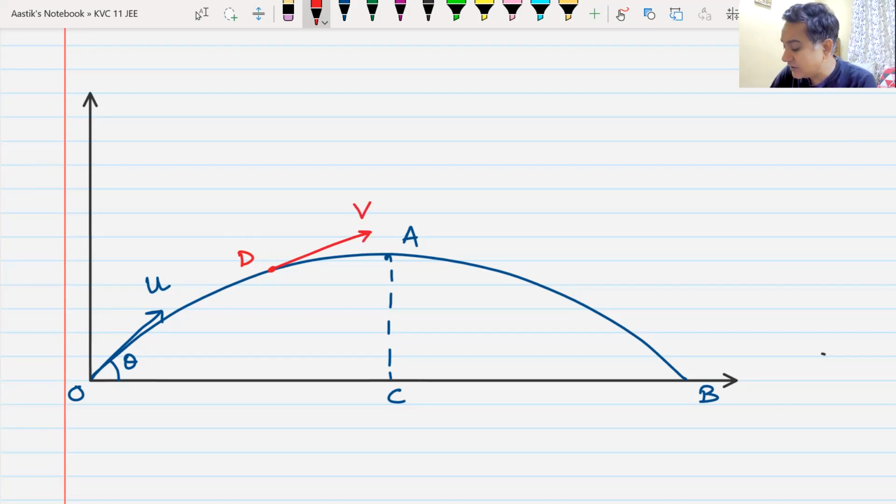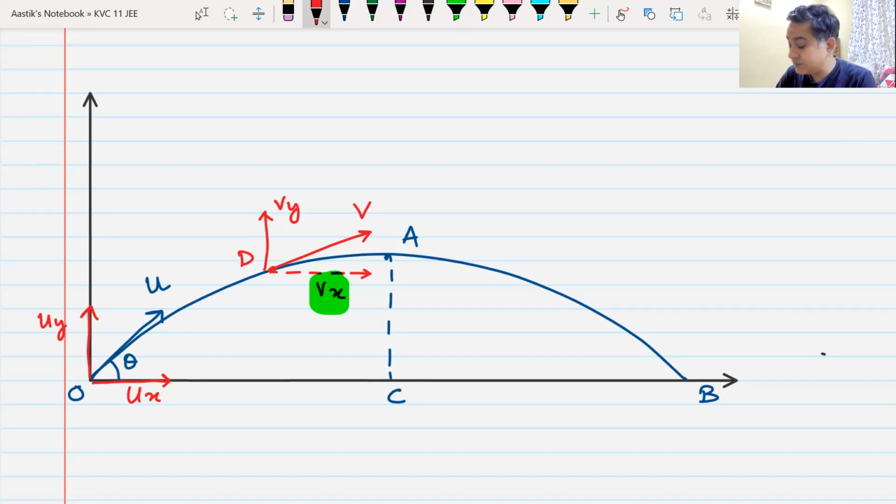Now this velocity can be broken up into two components. One will be vx and one would be vy. Do we understand this? What is the value of this vx? U cos theta.